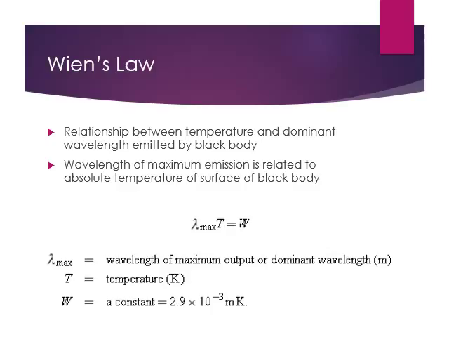And we can see that here, lambda max times T equals the constant W. So that's the wavelength of the maximum output or dominant wavelength in meters, and T is the temperature in Kelvin, and W is a constant 2.9 times 10 to the minus 3 meters Kelvin, as it is a product of wavelength and temperature.